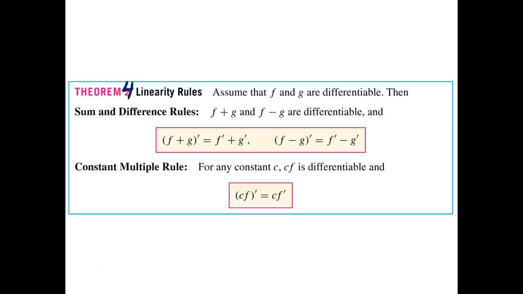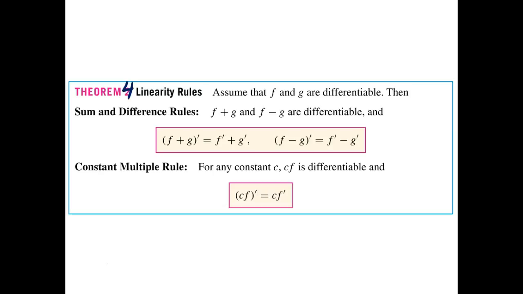Assume that f and g are both differentiable functions. Okay? Each of those are differentiable. Then, this is always true. F plus g, the sum of those two functions, is a new function, but it's also differentiable. F minus g, the difference of those two functions, is a new function. It's also differentiable. And we know what the derivatives are.